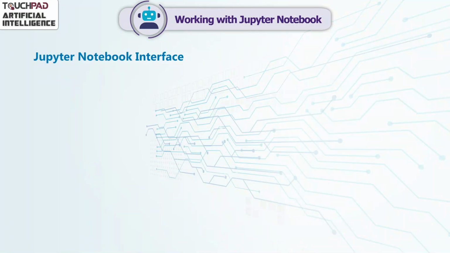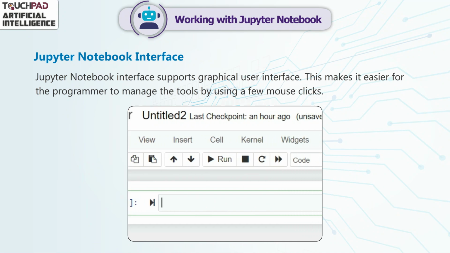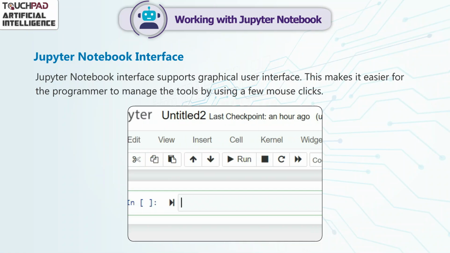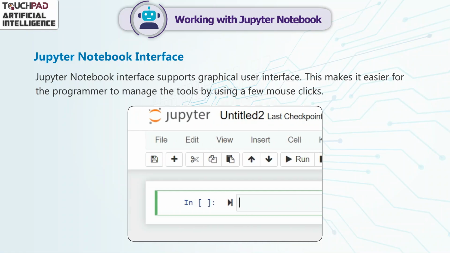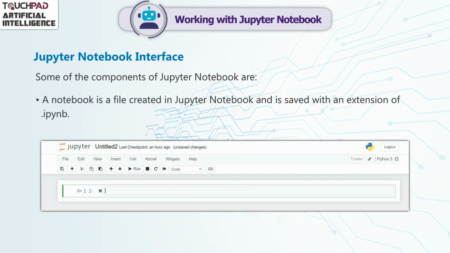Jupyter Notebook Interface. Jupyter Notebook Interface supports a graphical user interface. This makes it easier for the programmer to manage the tools by using a few mouse clicks. Some of the components of Jupyter Notebook are: a notebook is a file created in Jupyter Notebook and is saved with an extension of .ipynb.